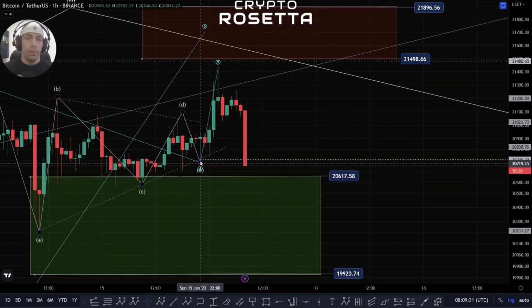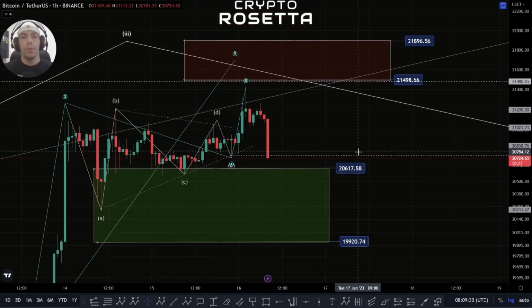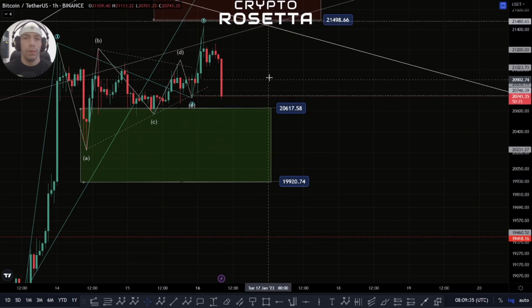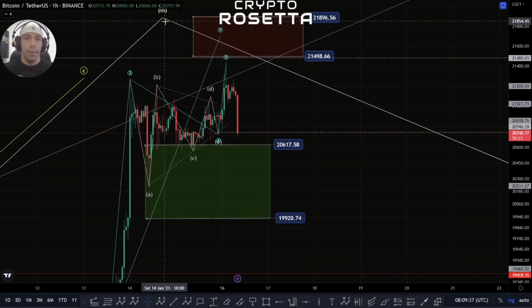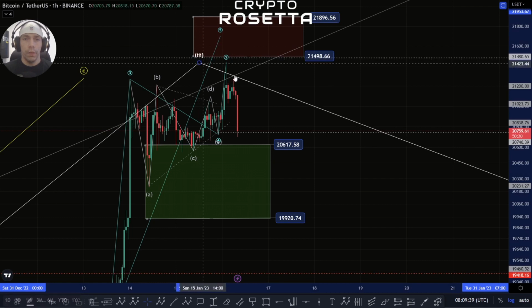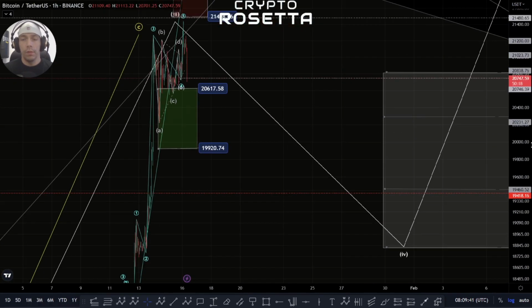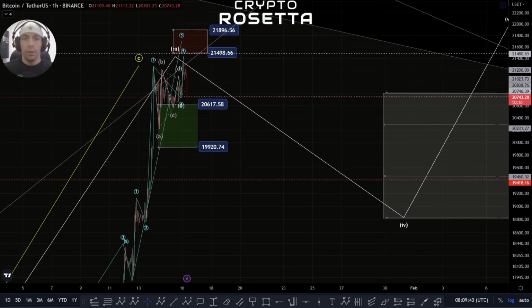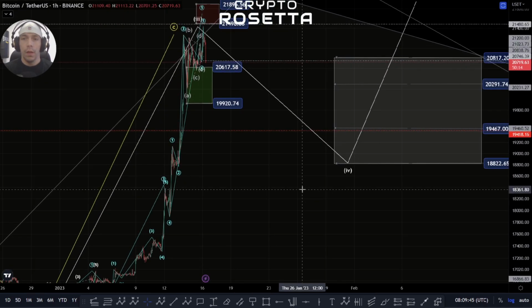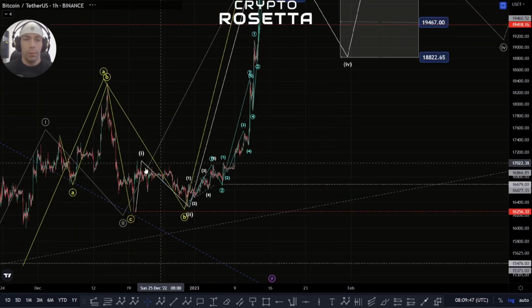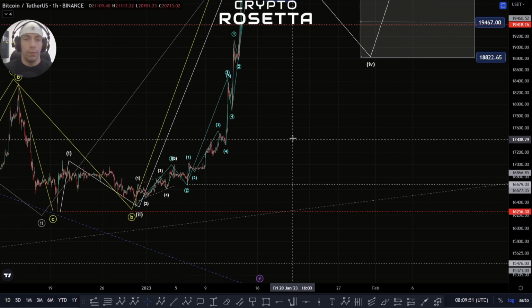So because we've actually come down here now, what we could be looking for is that this fifth wave has completed here. And alternatively, if that's the case, what I'd be looking for is evidence that we're actually starting this bigger fourth wave drop now, because we're still looking for a move that's comparable with this wave 2 here.